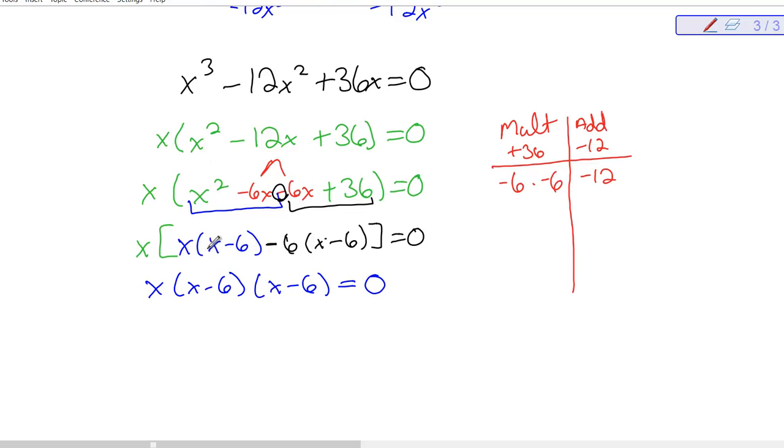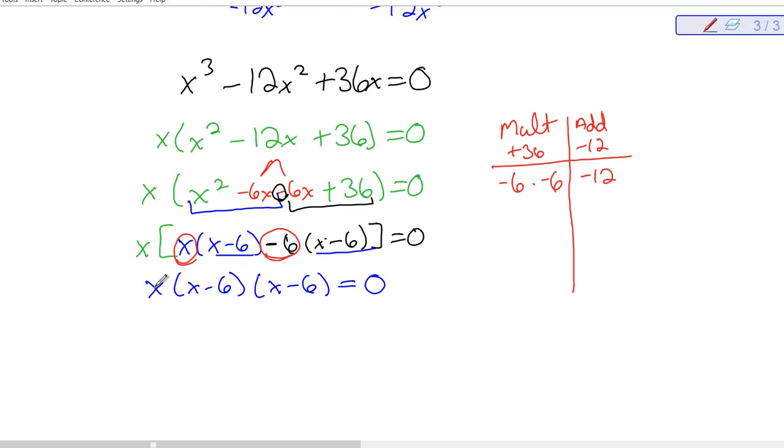I get the first x minus 6 from my parentheses. My second x minus 6 comes from this x and this negative 6 here. When I go to solve these now using the zero product rule, I'm going to set each of my factors, this factor, this factor, and this factor equal to 0.